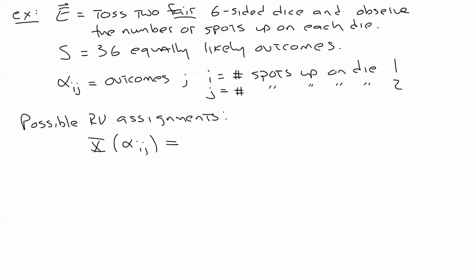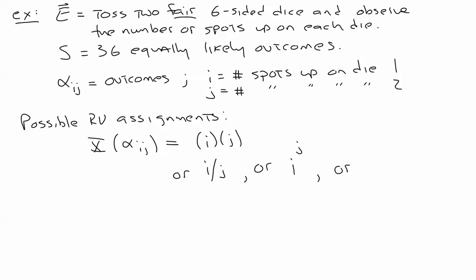I could maybe multiply i times j. It's simple enough to do. I could multiply the spots together. Or maybe I might want to divide i by j. That would give me a real number. Or maybe I could take the spots on the first die and raise it to the jth power. I could do that.